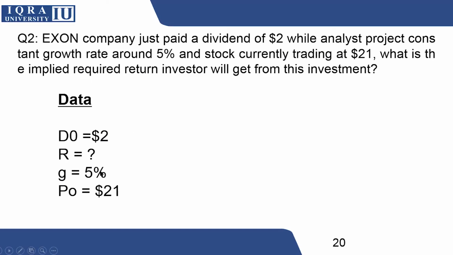The implied required return is the requirement which will be calculated, that is R. Since in this question again the growth rate is constant, we can use the same formula as we discussed earlier, but now since we are interested in calculating R, we will take D naught times 1 plus growth divided by P naught, plus growth. So either you can apply this one or you can manipulate it in this form depending on what information is available. Since right now the data is showing D naught as 2, I'm using this one.